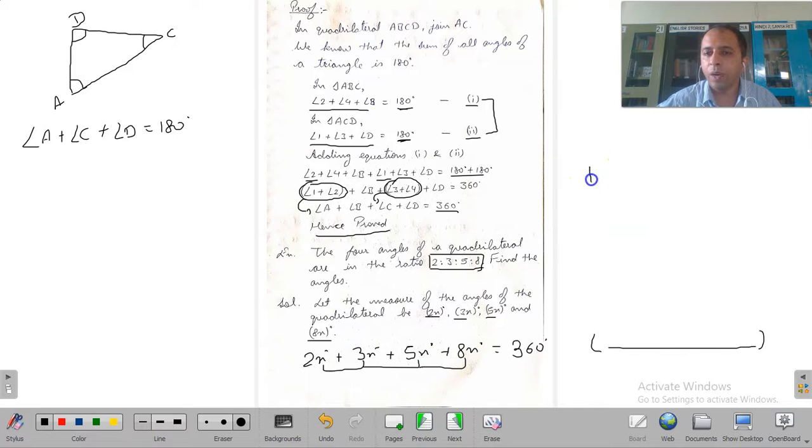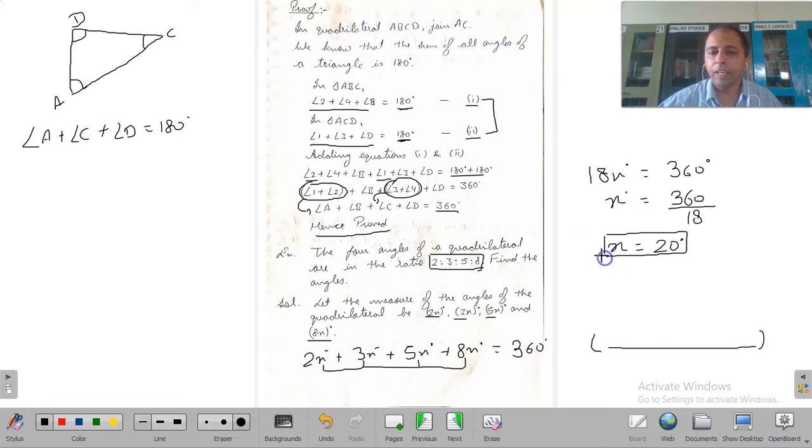So 18x degree is equal to 360 degree. So x will be 360 upon 18, that means the value of x is 20 degree.